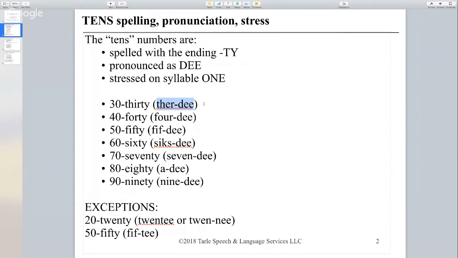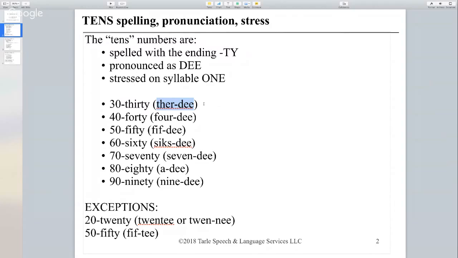70, 70. So on that one, you'll notice I stressed the first syllable on the 7, 70. So sev gets the most stress. N gets a little bit of stress. And then we have D, 70, 70. 80, 80. 90, 90.